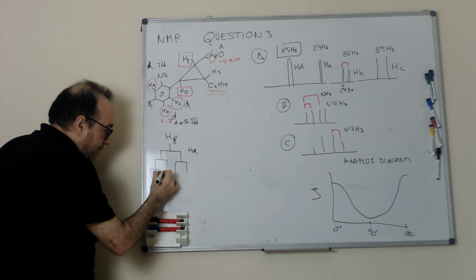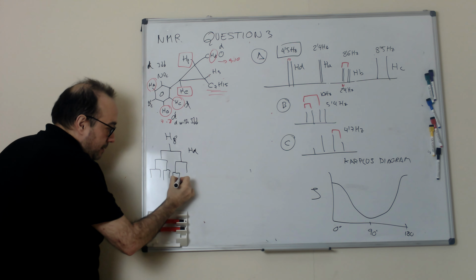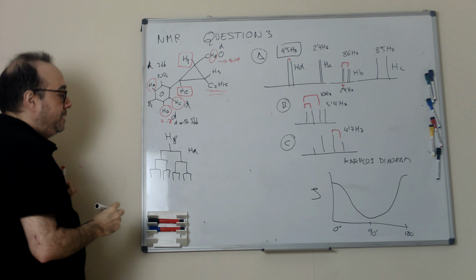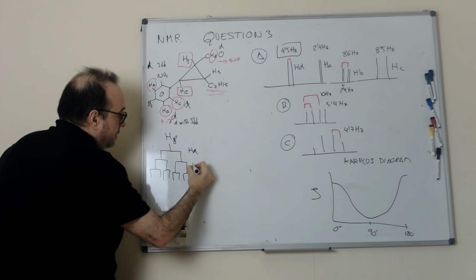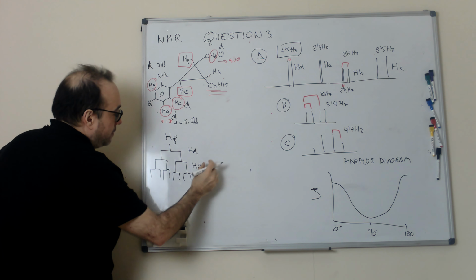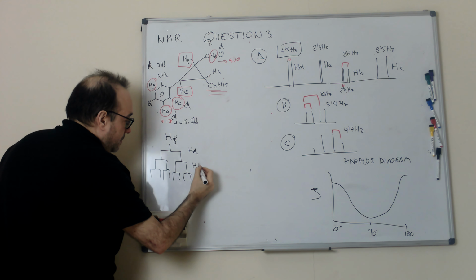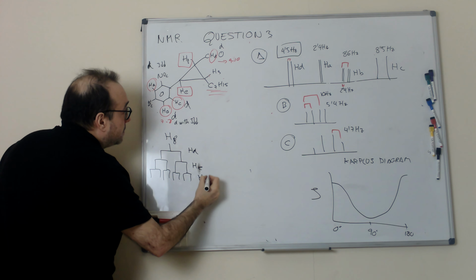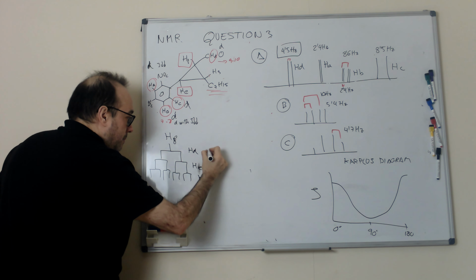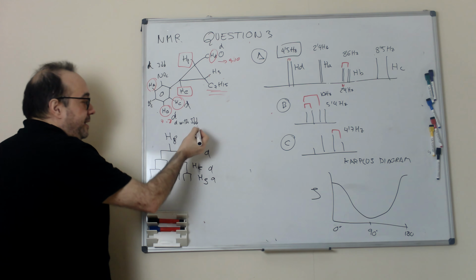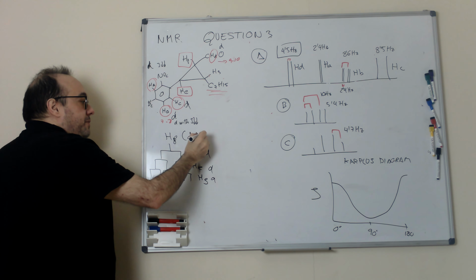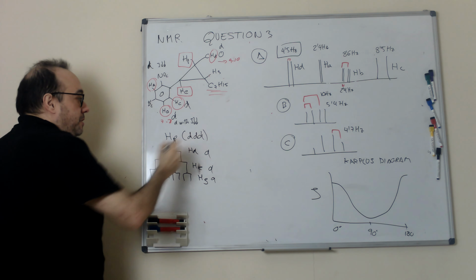That will be another doublet. That means that basically HF will be a doublet of doublets of doublets. This is what we have to see.